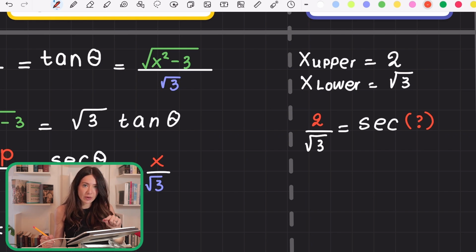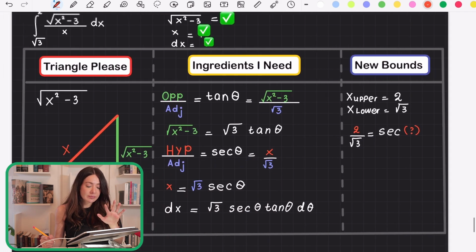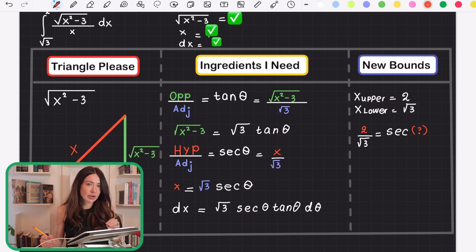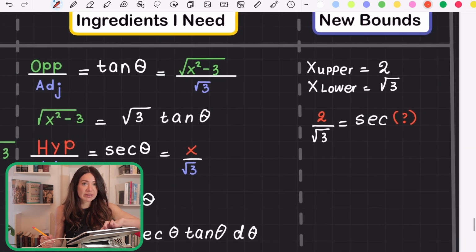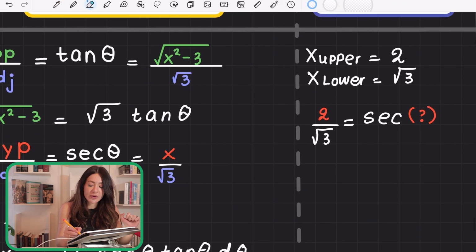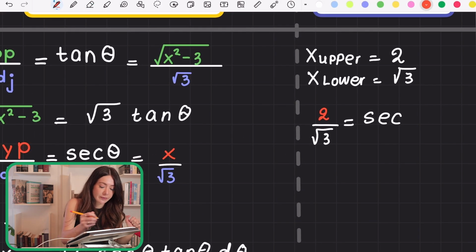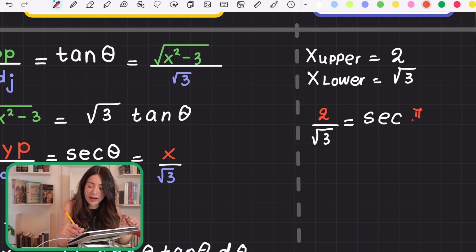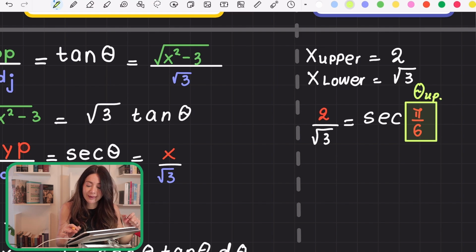Well, that angle is 30 degrees, but this is trig in calculus 2. All angles are in radians. So translate that from degrees to radians. 30 degrees is pi over 6. So the theta upper bound is pi over 6. And I'm going to label this theta upper.